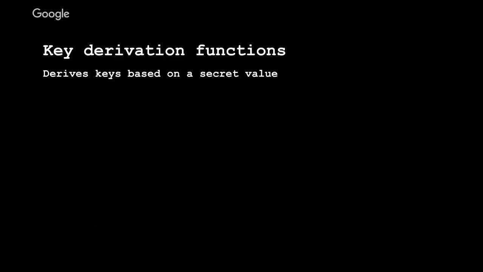So it's essentially a function that takes input that's random in some sense and then produces output that's random in a cryptographically secure sense. This is useful in a few different kinds of situations.